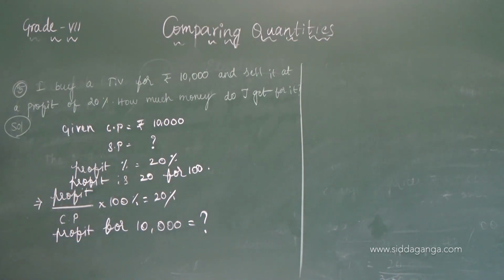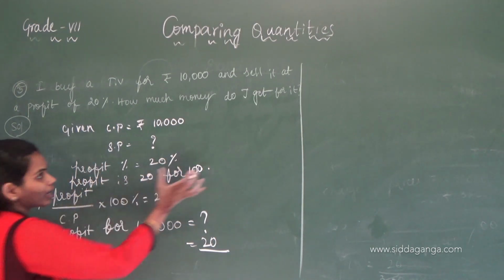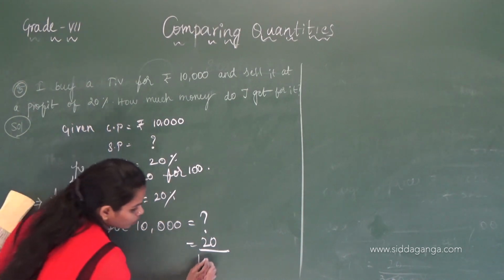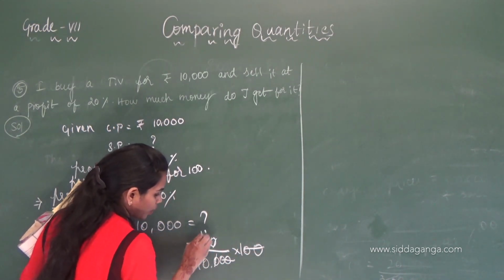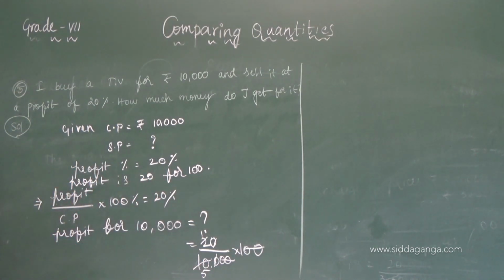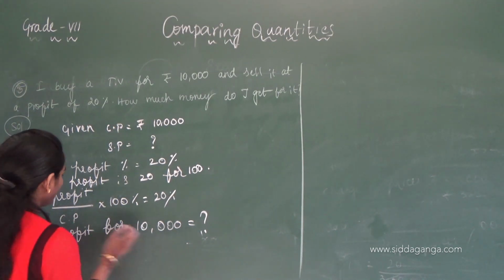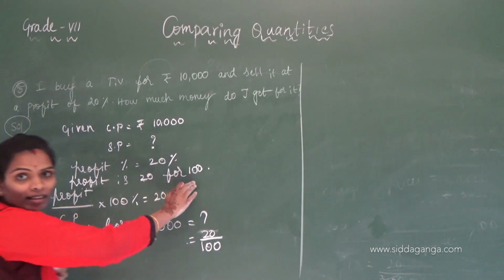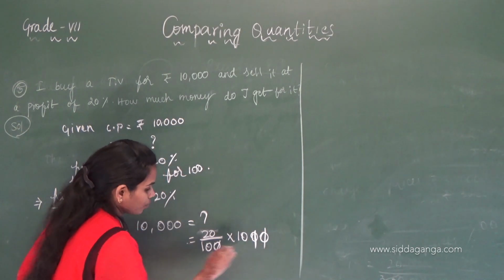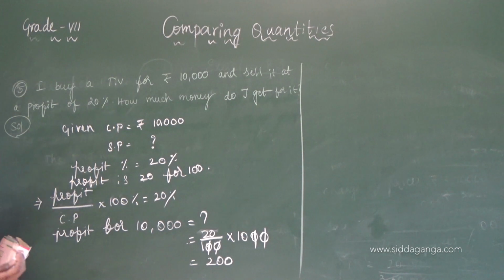How will we get that? 20 divided by CP, 10,000, into 100. When the profit is 20 for 100, what is the whole quantity? 10,000. If the profit is 20 rupees for 100, how much profit will come for 10,000? 2,000.